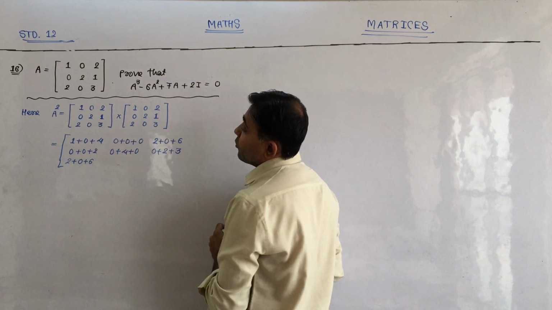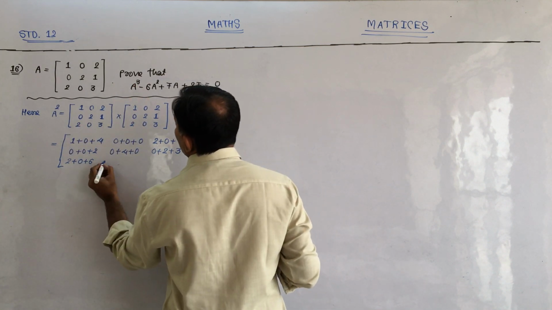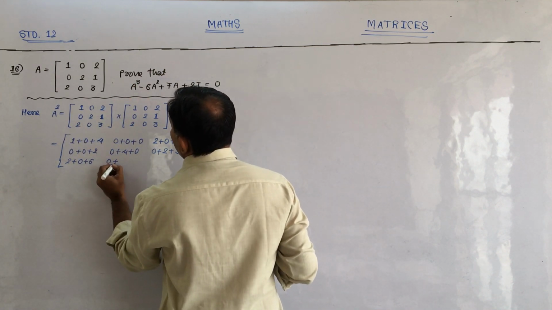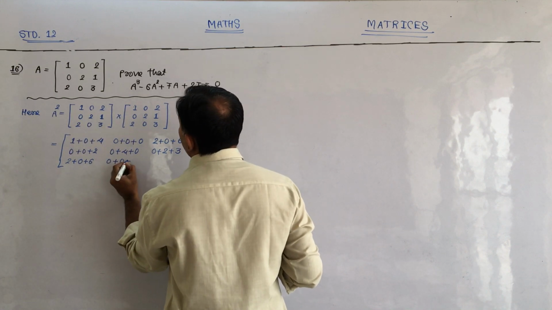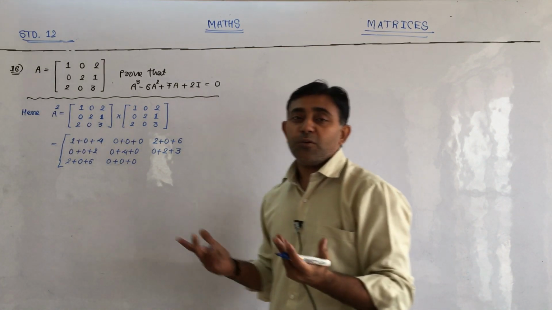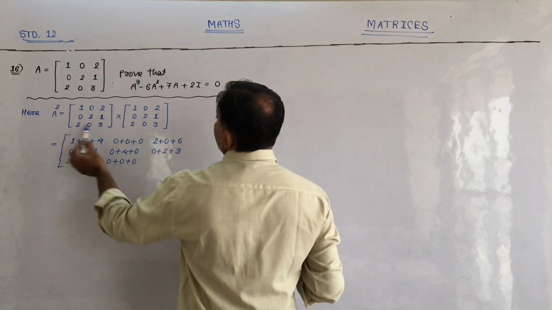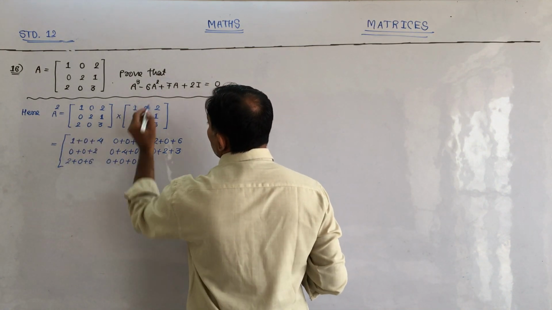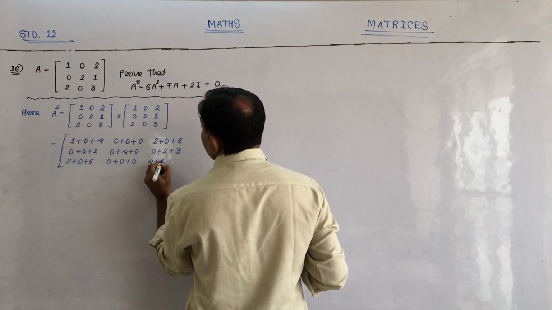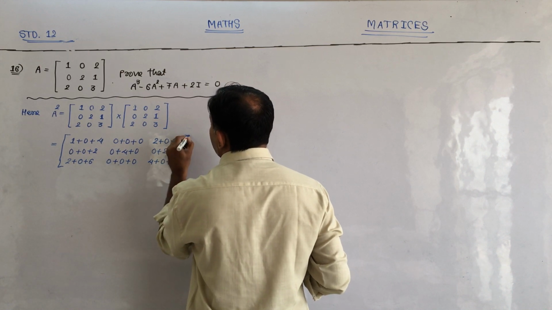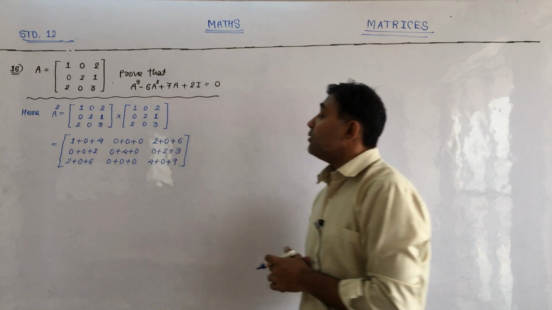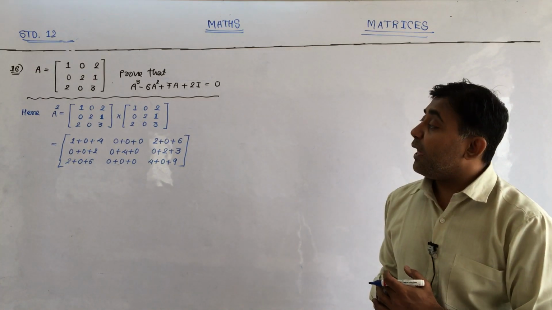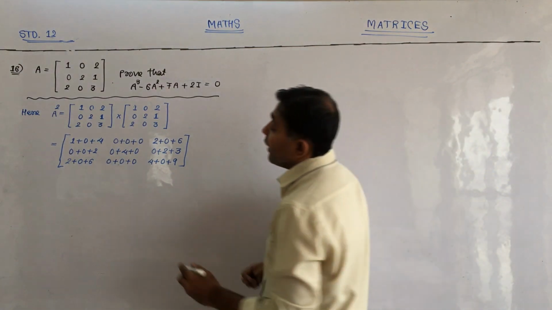Third row, second column: 2 into 0 is 0, 0 into 2 is 0 and 3 into 0 again is 0. It's very simple. Third row, third column: 2 2s are 4 plus 0 and plus 3 3s are 9. So this matrix represents A square, and let us count it.